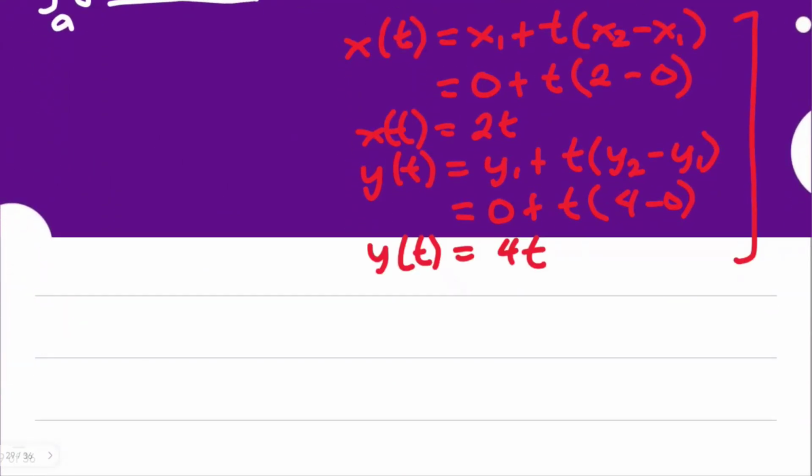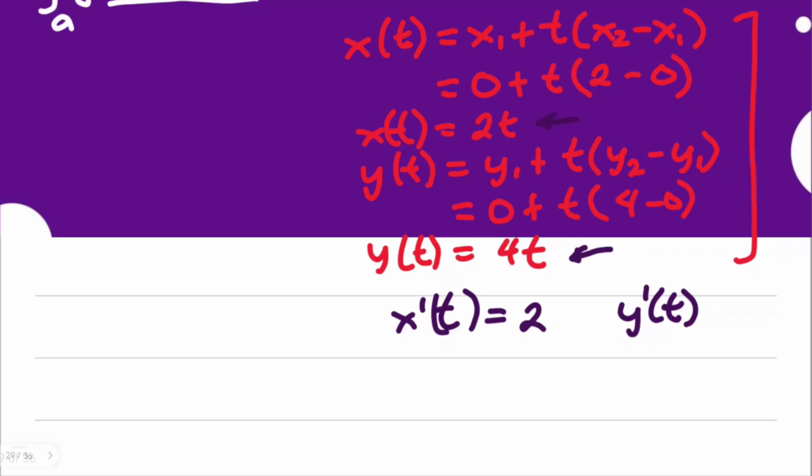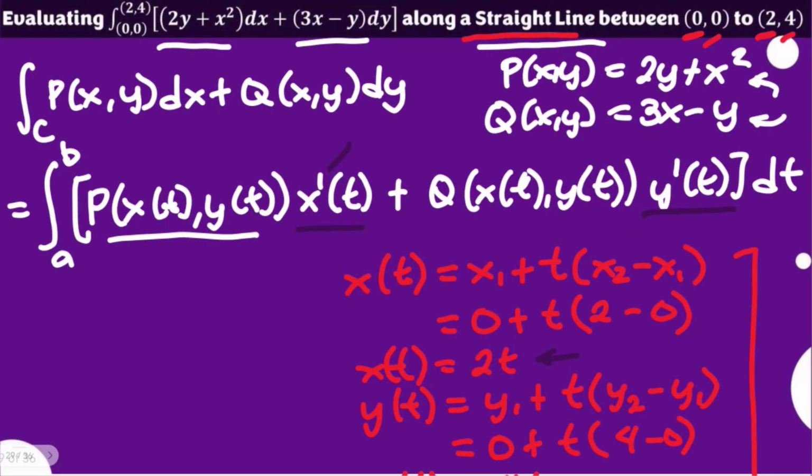Now, our x(t) is 2t, so our x'(t), the derivative with respect to t, is 2. For our y'(t), the derivative of 4t with respect to t, is equal to 4. So this is good. The remaining items are yet to be identified, and we'll show them next.